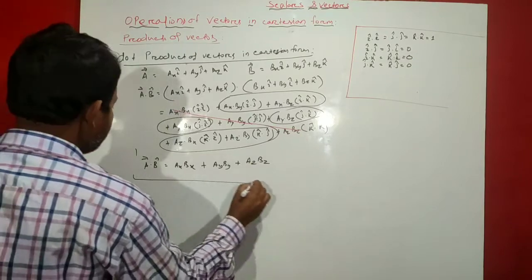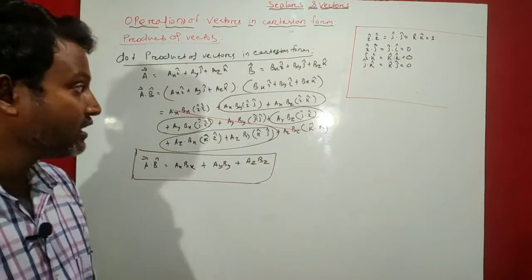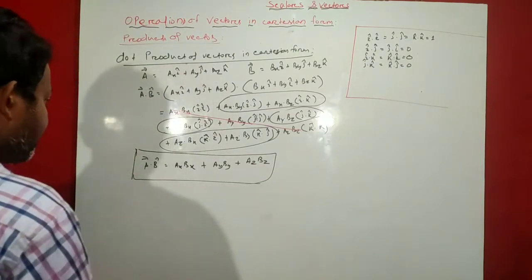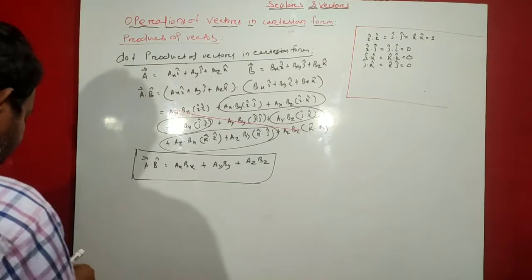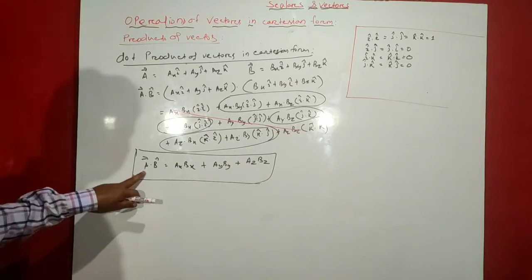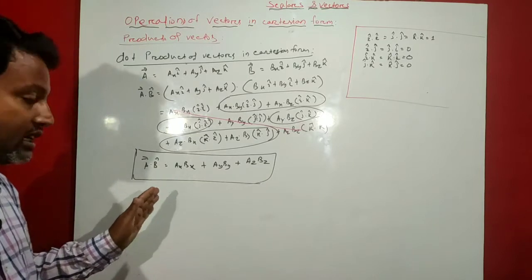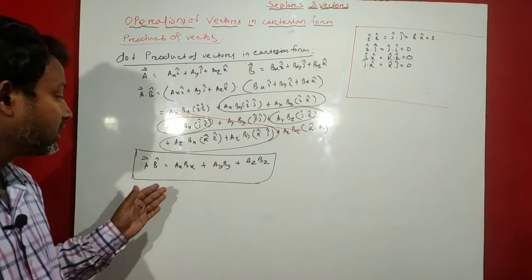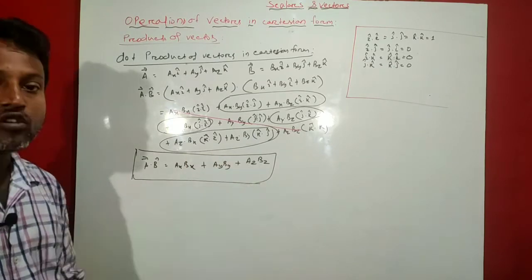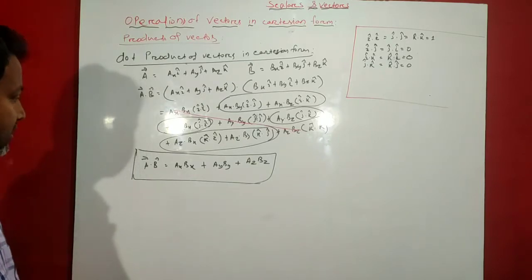This is our formula of the dot product in Cartesian form of vectors. So guys, look here, the dot product of two vectors is defined as the sum of the products of the magnitudes of their components along the three coordinate axes.